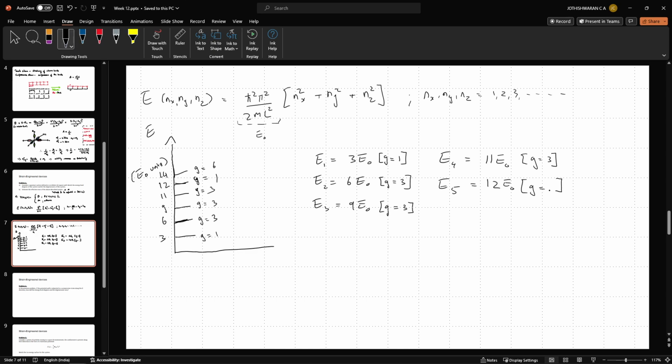So 12 E naught, where degeneracy is 1, and finally we will have the 6th energy level, which is 14 E naught, where the degeneracy is 6.